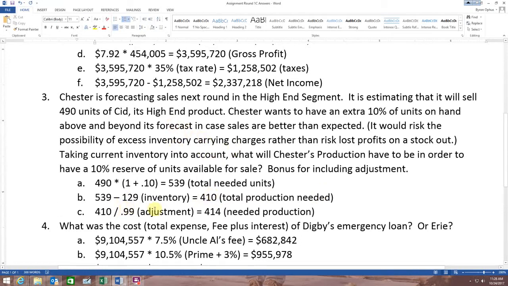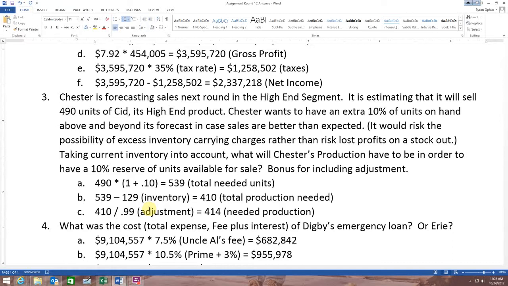If you do the adjustment, when you look at your production decisions, you'll note that there's an adjustment factor in there. It should be 1%. Hope I got that right.